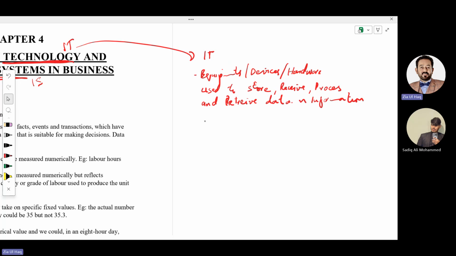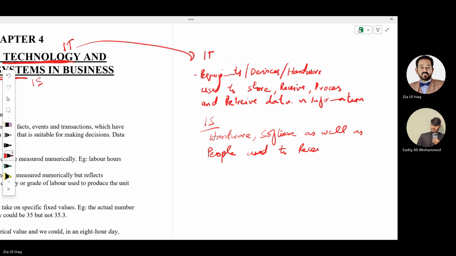While IS is a broader term. IS include hardware as well as software. The use of IT by people by using software is called IS. So IS mean hardware, mean IT, software, as well as people used to receive.